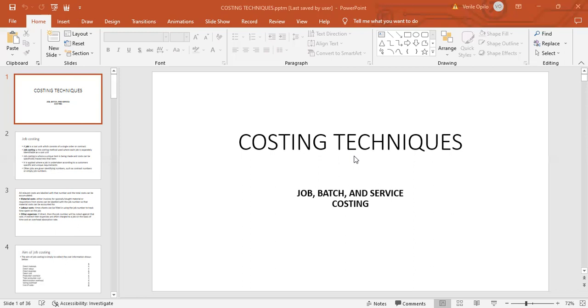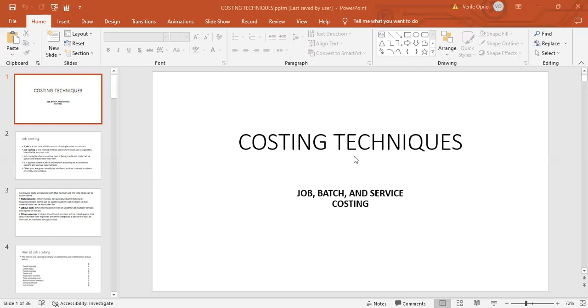If you're a company that is producing a similar, identical product in masses, then we will be looking at the use of batch costing.